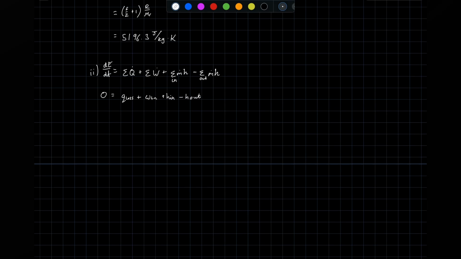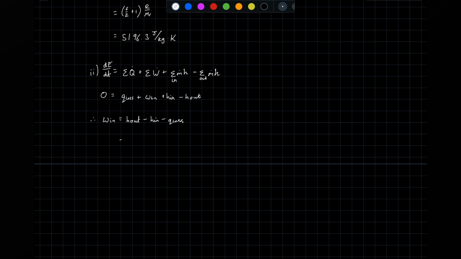So this means that our W in is equal to our H out minus the H in minus the Q loss.